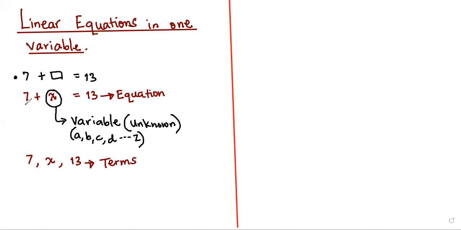And this part alone, 7 plus x, that one we can call an expression. An expression is like when you add or subtract. If you add 2 or more terms, you will get what we call an expression.